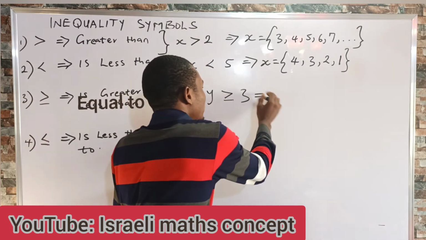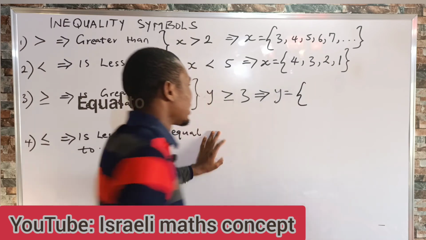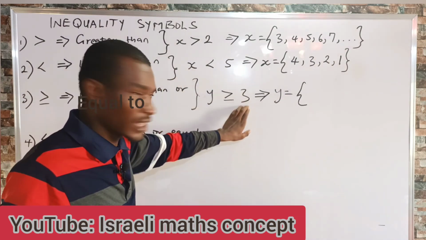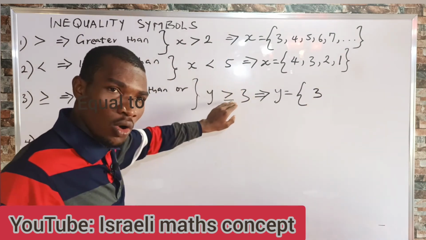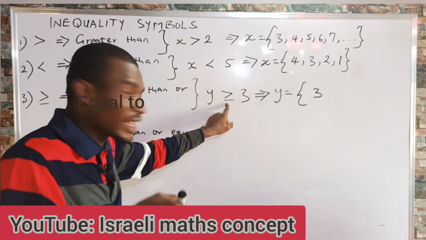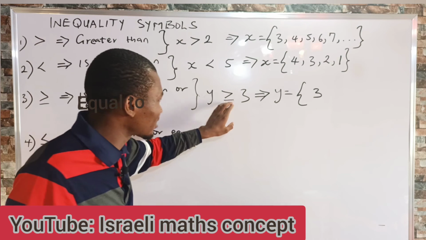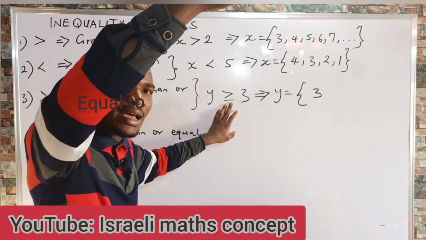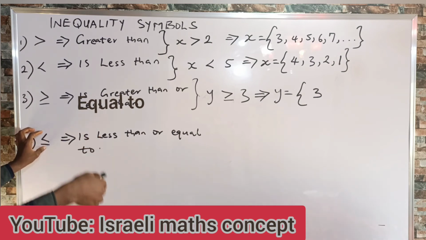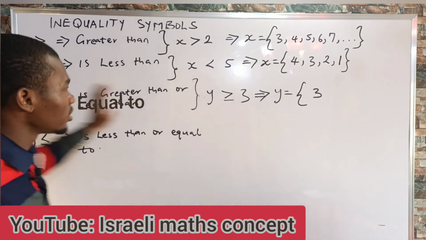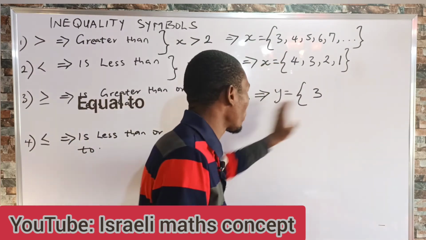This implies that the respective values of y are those set of numbers that will take their range from 3. Because we are told that it is greater than or equal to, this equal to means that it will take its range from exactly 3. Then the greater than also means that after 3, it will take a higher range. So what is the number above 3?